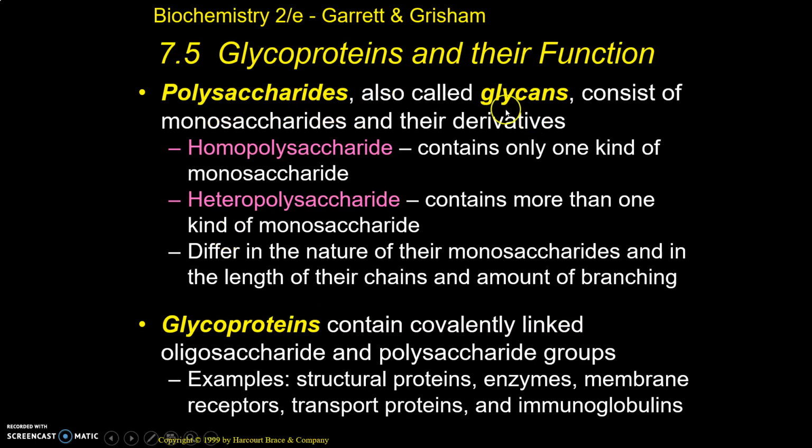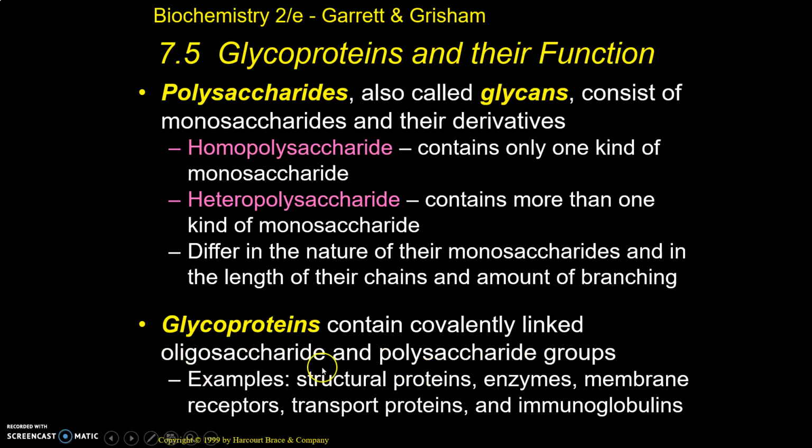So polysaccharides, as we mentioned before, we also call them glycans, so that's why they're polyglycans. They consist of monosaccharides and derivatives. So we have homopolysaccharides that contain only one kind of monosaccharide, and we have heteropolysaccharides that contain more than one kind of monosaccharide. We have already talked about this. Now we want to talk about what glycoproteins are. Glycoproteins contain covalently linked oligosaccharide and polysaccharide groups, meaning they don't have to be necessarily these huge, ginormous chains.